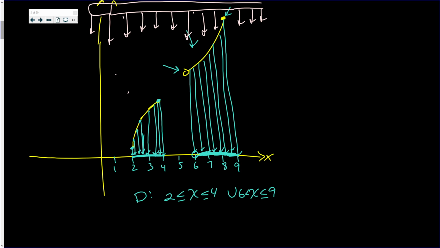Where would there be no light on the x-axis? And the curve blocks the light. The curve blocks the light.